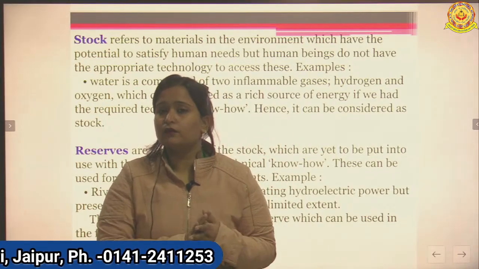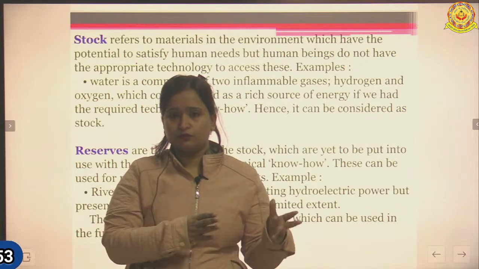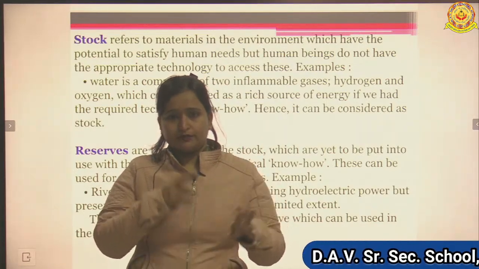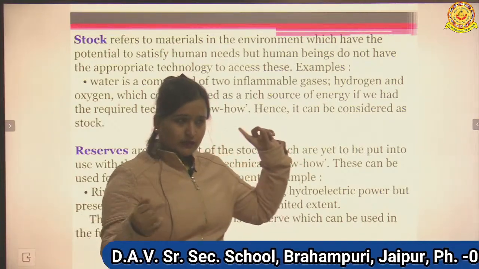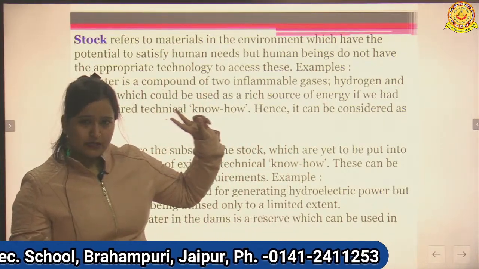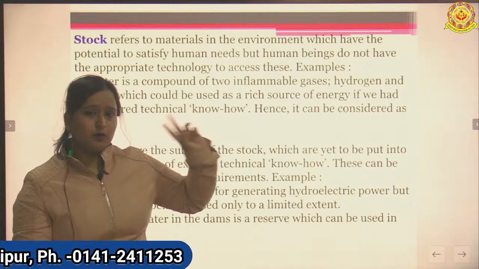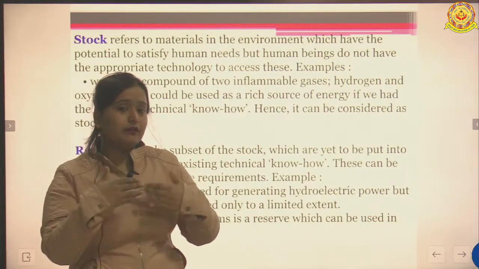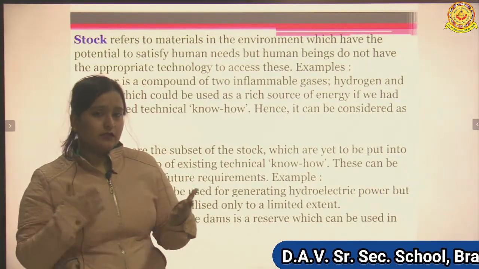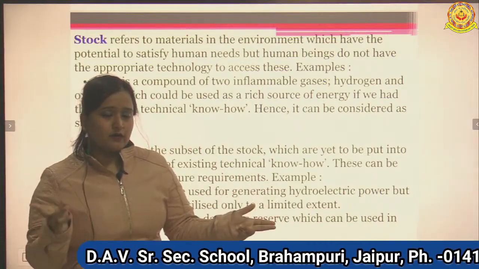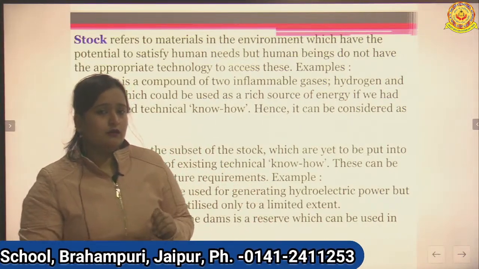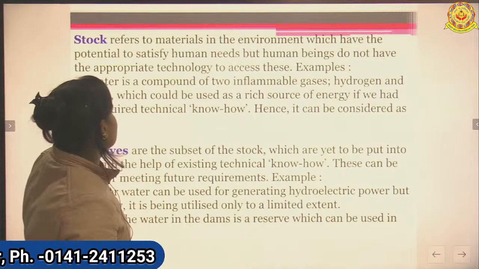The formula for water is H2O, two elements of hydrogen and one of oxygen. Okay, if we use the technology properly, then we can separate it, but we are not modernized enough to separate hydrogen and oxygen from water. So this one is the example of stock.